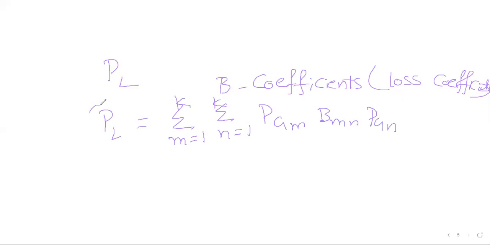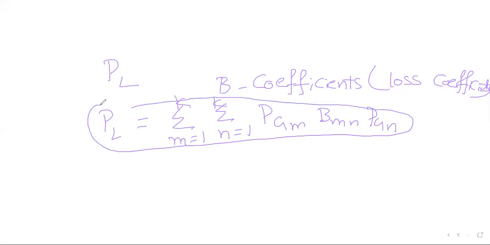This is the generalized formula for transmission loss in terms of loss coefficients, where PGm and PGn are real power generation at mth and nth plants. Bmn is called the loss coefficient.